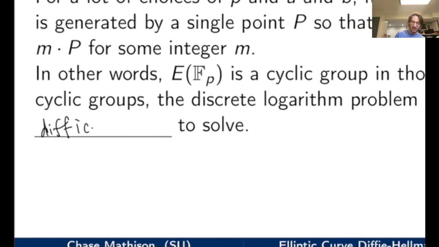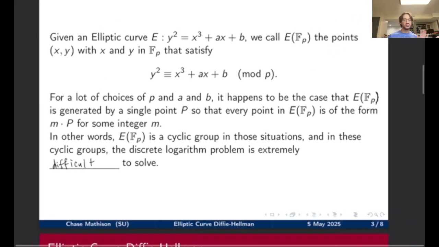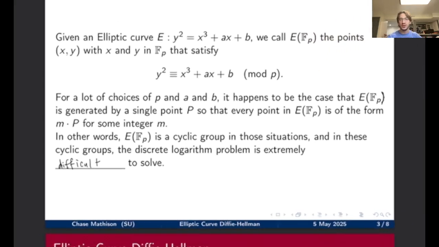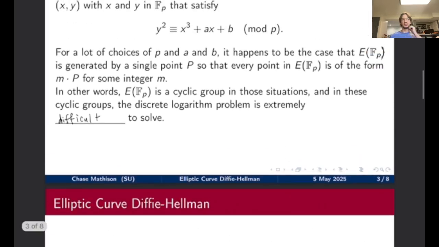That's why, if you look at any encrypted website at random that begins with HTTPS, most of them use elliptic curve cryptography, because it's more secure for smaller prime numbers p than equivalent security for RSA or for Elgamal, for instance.